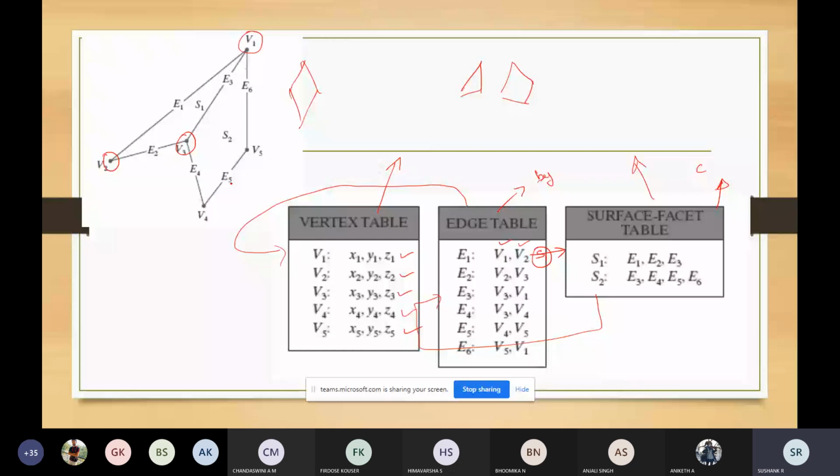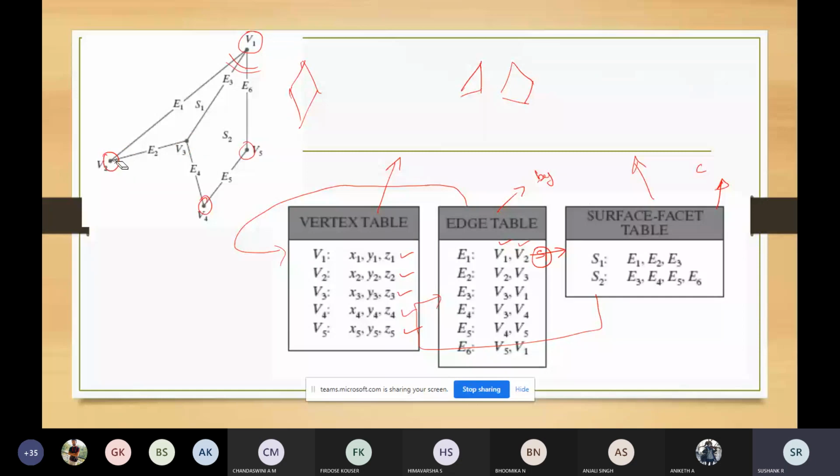Similarly, V5 is shared between E6 and E5. So the first test is that every vertex should be listed as an endpoint for at least two edges. In this case two edges, here three edges, at least two edges. This is the first condition.